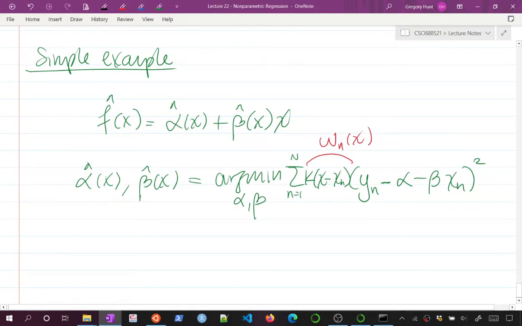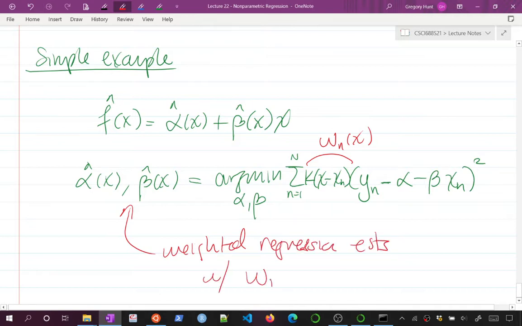But we know how to do this. These things end up being the weighted regression estimates, with our weights WN being, let's say, proportional to kernel distance between these things.